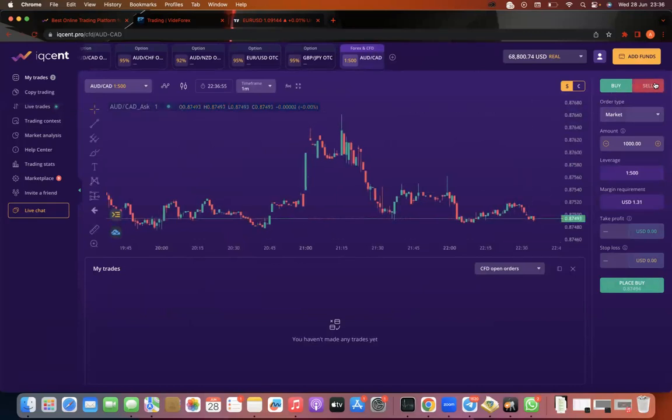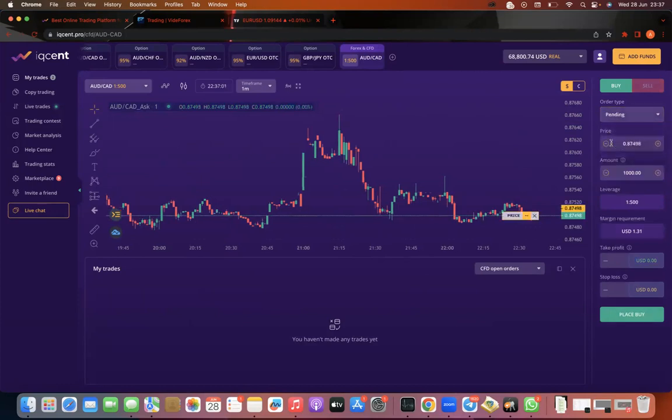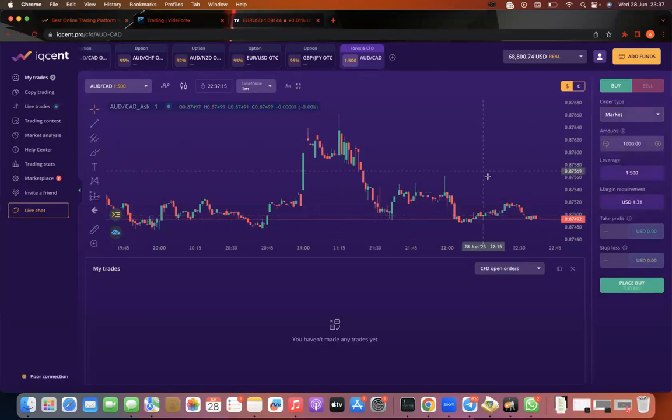This one now is buy and sell. Market orders are market executions. Pending orders are where you have your buy limits, sell limits, buy stop and sell stop. It's slightly named differently here, but if you play around with it, you're going to understand the naming for every single one.